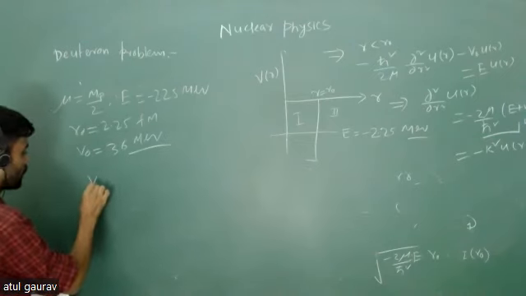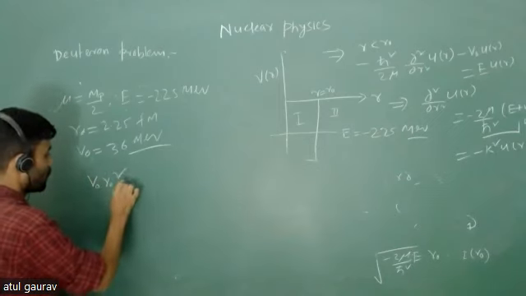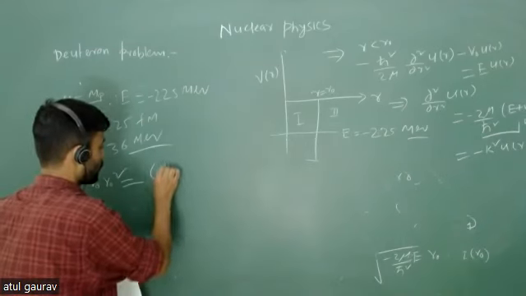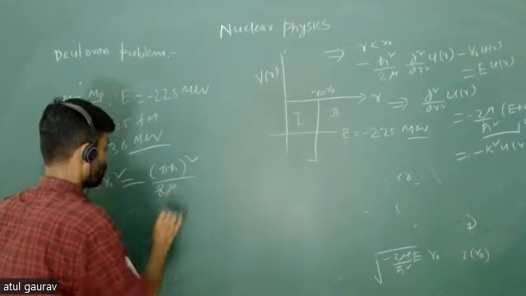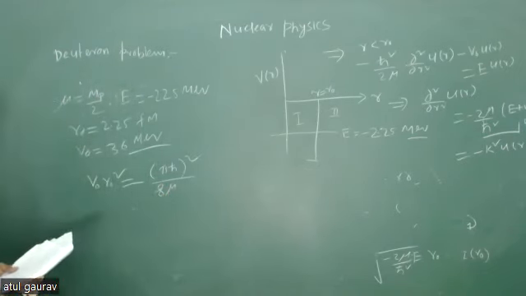Please do it and show me. V0 r0 square equals pi h cross square divided by 8 mu. Then what factor will you have?